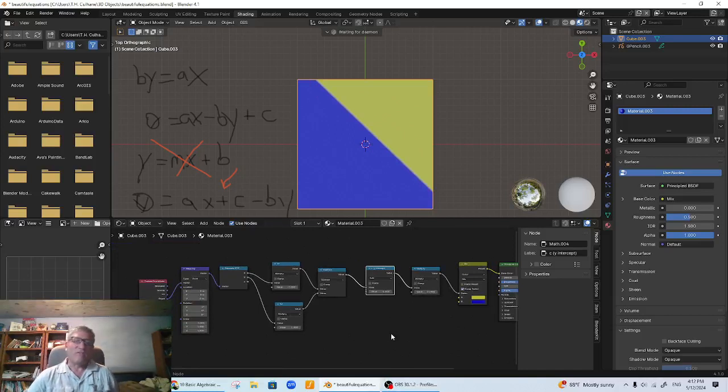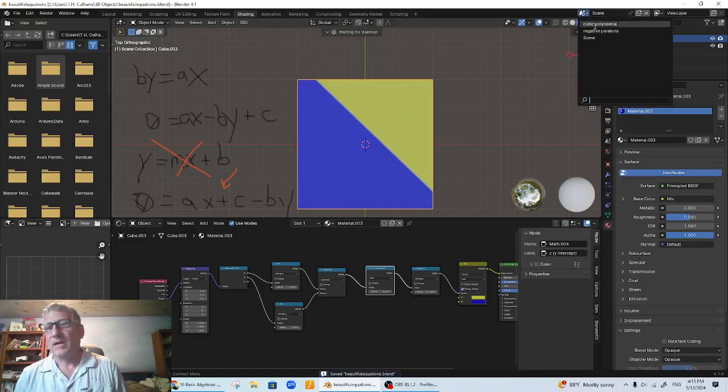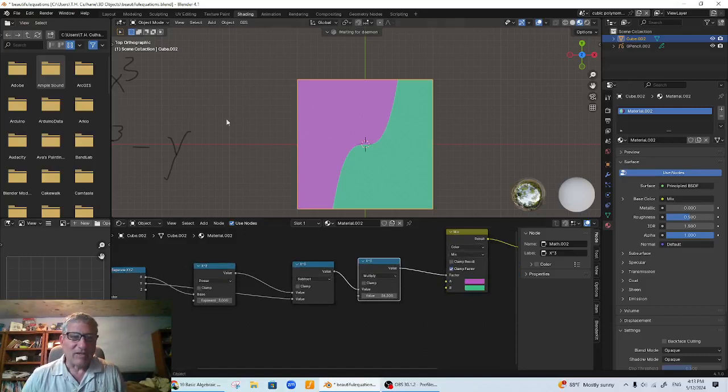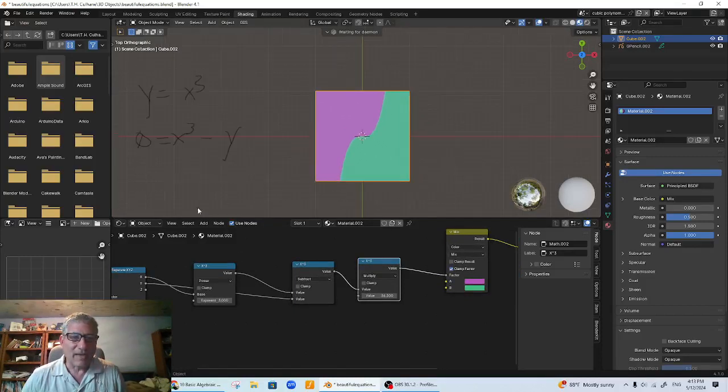All right, so now that we've gotten this concept that you should be putting in these other variables in there, now when we go to do other graphs, we should observe that. So let's go back to our cubic polynomial, and we'd written here 0 equals x cubed minus y.